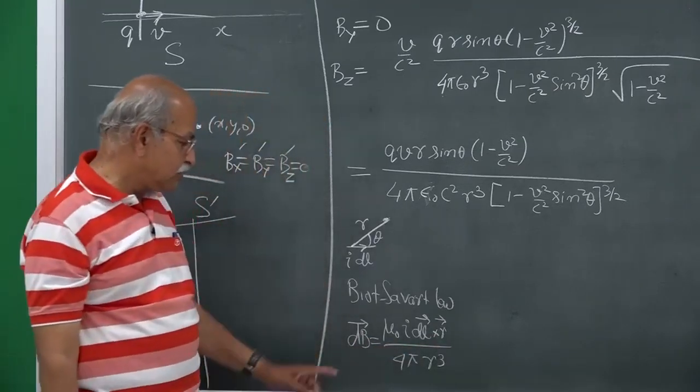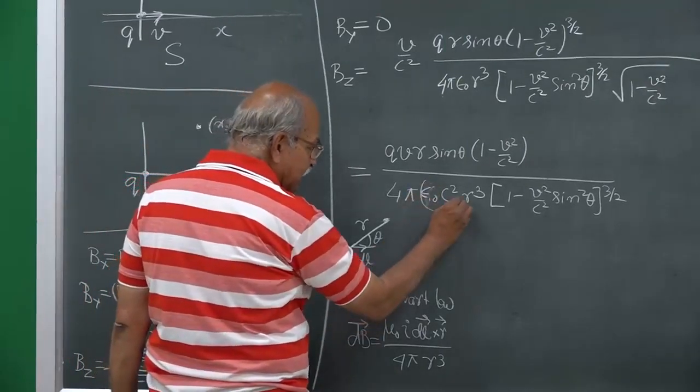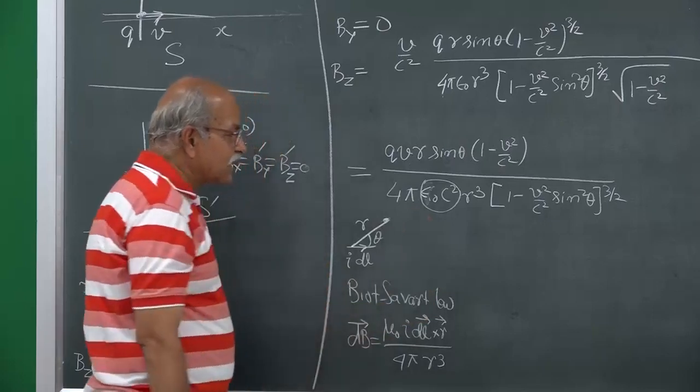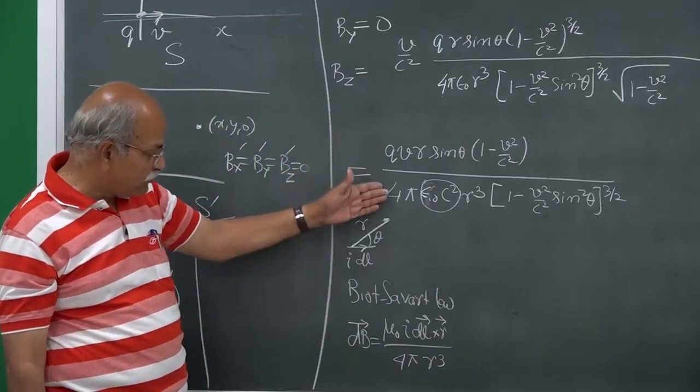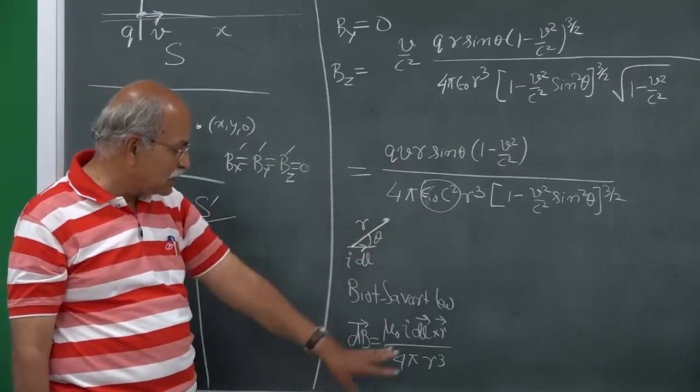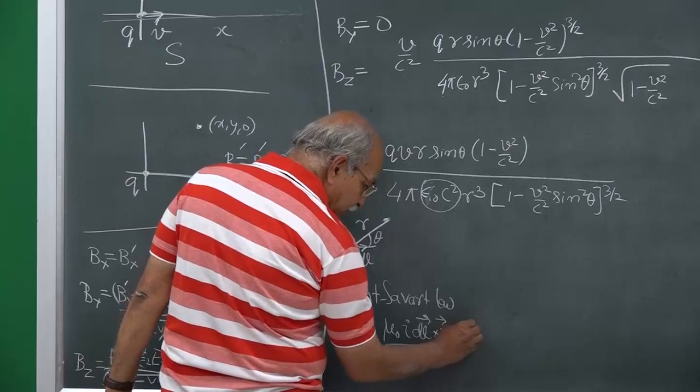And this 1 by epsilon naught c square, you can write as mu naught. So, it is mu naught by 4 pi r cube.